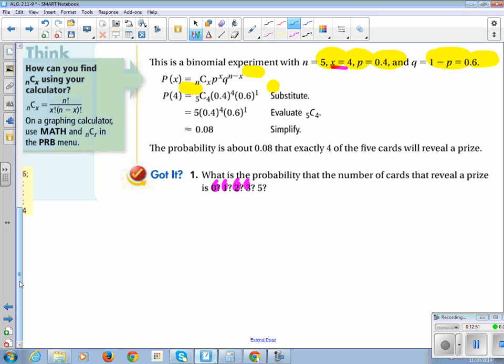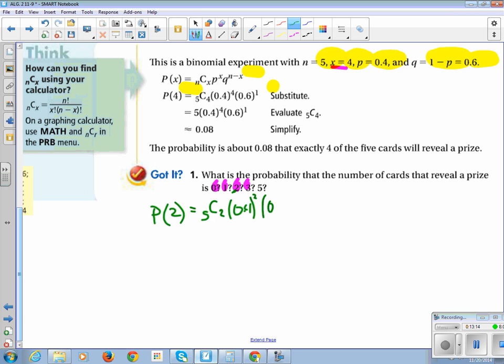So let's go probability of, we'll do 2 first. 2 successful cards. We still have 5, but now we're going to choose 2. We still have a 40% chance of winning, but instead of 4, we're going to be 2.